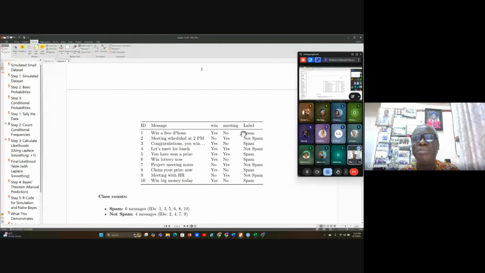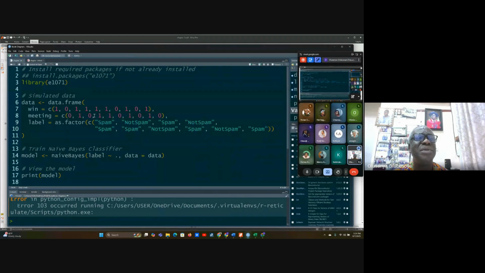Then, based on the model and the data that we feed into it, we will be able to predict. So the machine will be trained to say, this is spam, and put it in the spam box. This is not spam, so it goes in the inbox. So this is what we have done.